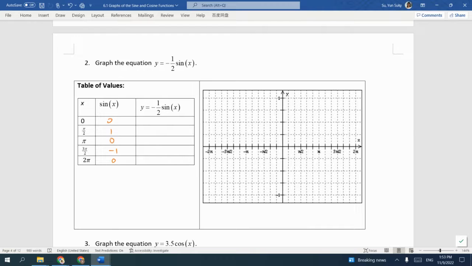You multiply by -1/2. 0 times -1/2 is 0. 1 times -1/2 is -1/2. And then 0, and then 1/2, and then 0.